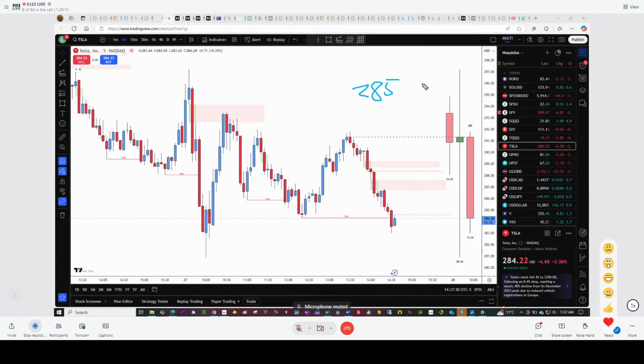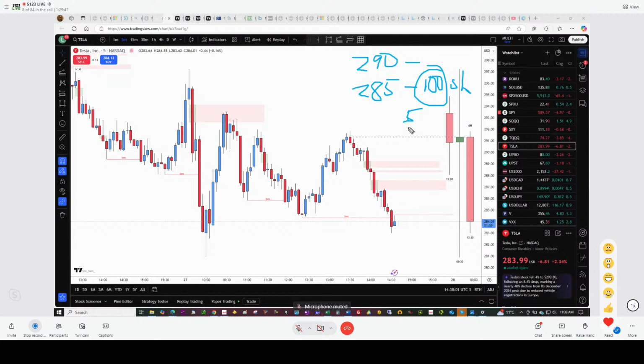So if you bought 100 shares at 285 and you went up to, let's say, 290, then you've made 5 points. So 5 times your 100, right? When you say 100, is that one standard lot? It's 100 shares of the stock. They're giving you 100 shares to play with.